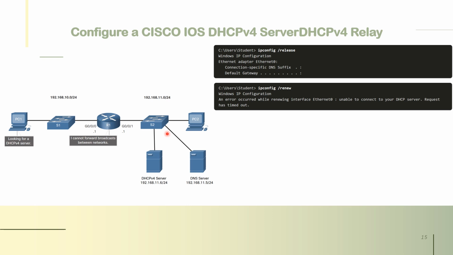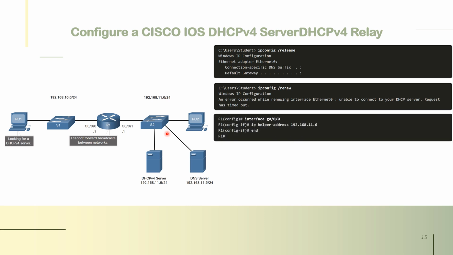However, this would create additional cost and administrative overhead, which means that we have to use the IP helper address, which is a better solution than in the router 1.